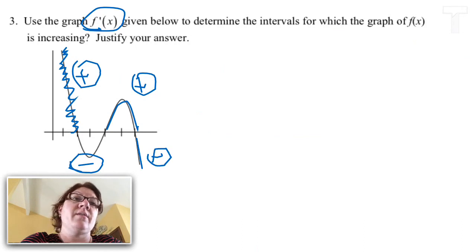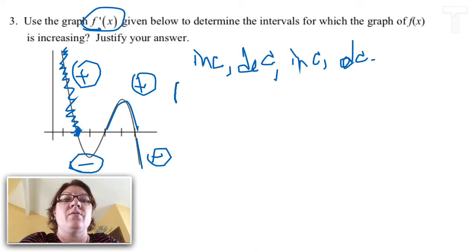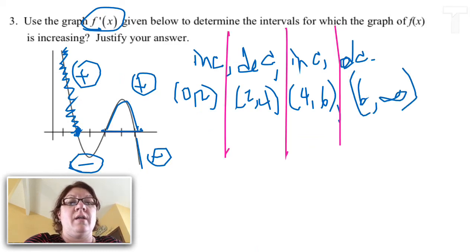And so I know it's increasing, and then decreasing, and then increasing, and then decreasing. And I can see where, because 0 to 2, and then 2 to 4, and then 4 to 6, and then 6 to infinity. And I could separate them to make it more understandable.